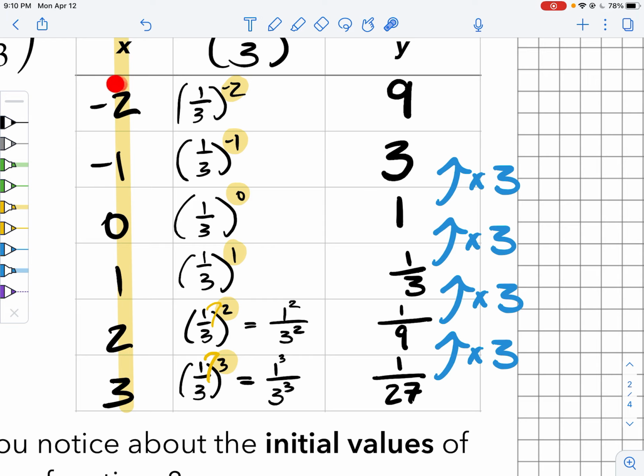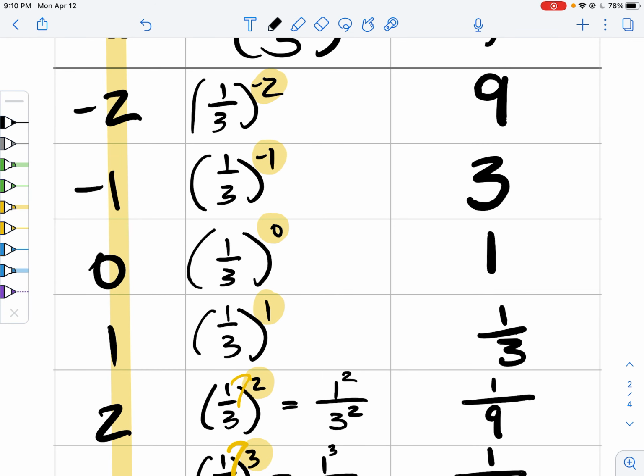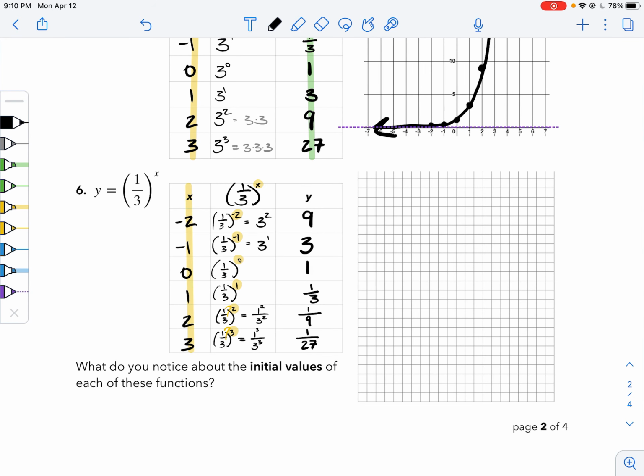It's not -9. Even though these exponents are negative, we still get a positive number. This is because the negative actually flips our fraction upside down. This is the same thing as 1 over 1/3 squared, which fancy fraction rules gives you 3 squared. This is the same thing as 3 to the first power, which, oh hey, look, we found already.